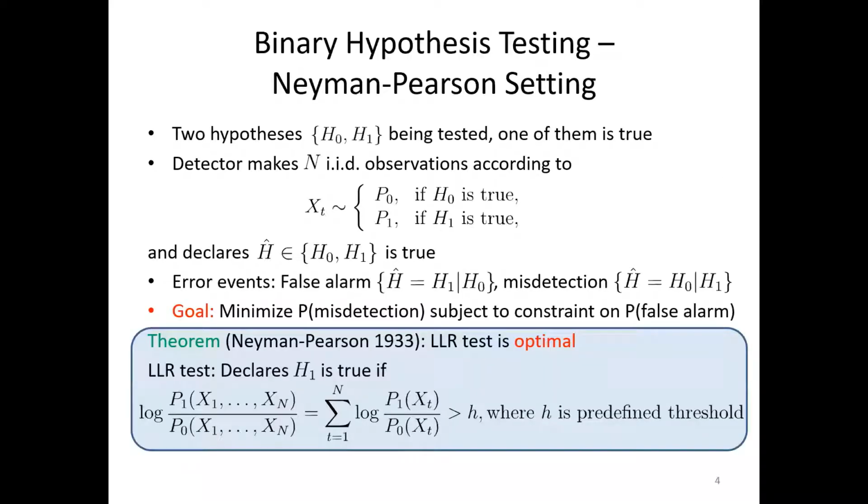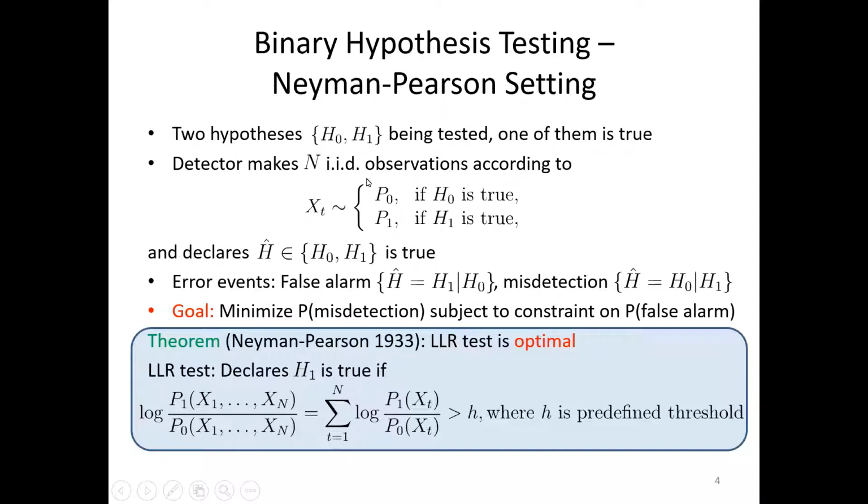All right. So before I talk about the QCD, let me first review binary hypothesis testing. In this binary hypothesis testing, we have two hypotheses, H0 and H1, to be tested, and we know that one of them is true. We make N IID observations according to these distributions.